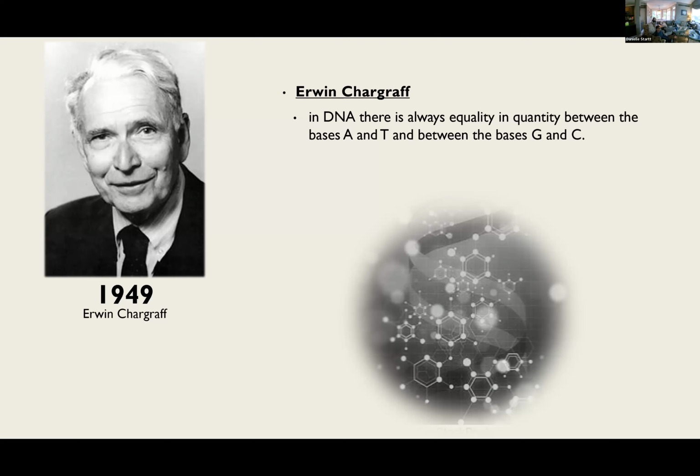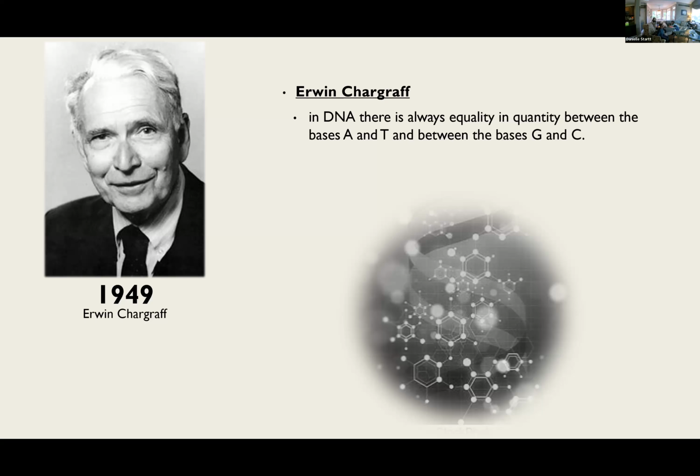So what he thought is, okay, and this is very important to understand, because he was the first one to catch on to this. If a particular DNA molecule has the same amount of A as it does T, and the same amount of G as it does C, that must mean that A and T are paired. They go together.